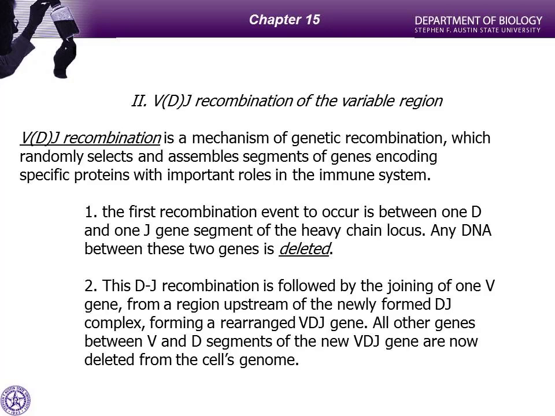There's not a single gene for the variable region, but there are multiple variable region genes. And the particular cell that's undergoing the replication process, it will choose which variable region to use. And so there's a random selection for which actual block of DNA a particular cell is going to use.